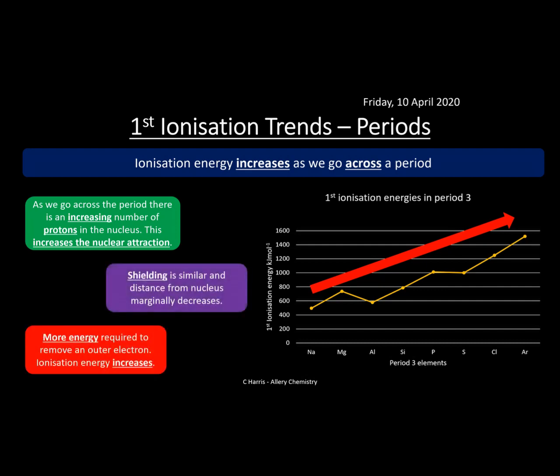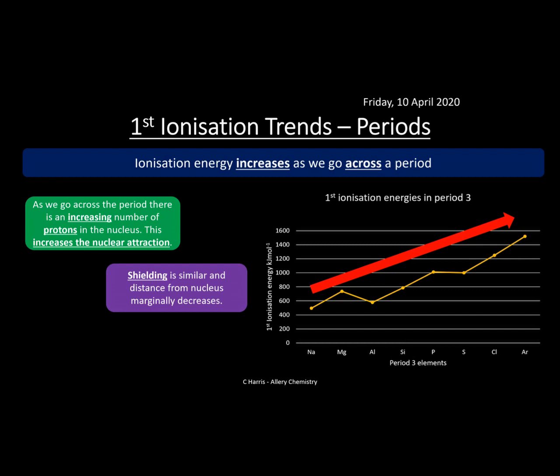So the shielding is similar and the number of shells is the same, but the number of protons going across is obviously increasing. So that's a higher attractive force. And actually the electrons are the same distance as we go across period 3. We're not adding shells, we're just adding electrons. So the attractive forces are getting stronger. So more energy is actually required to remove electrons from an outer shell as we go across a period. And this graph actually shows that.